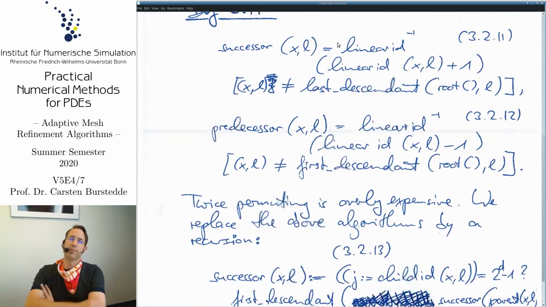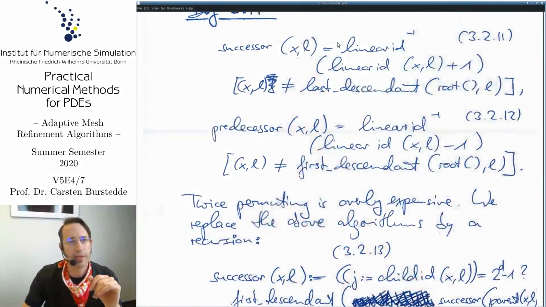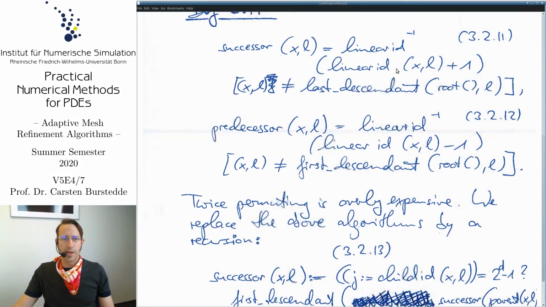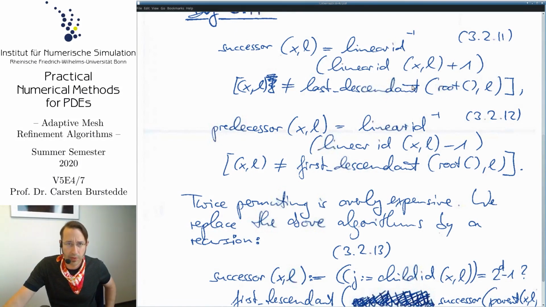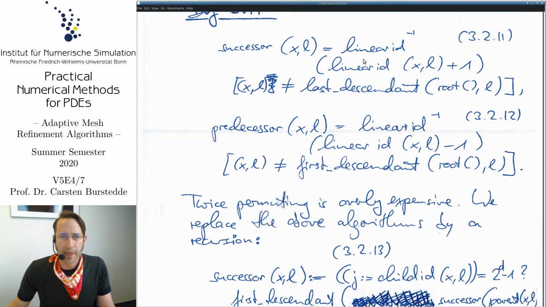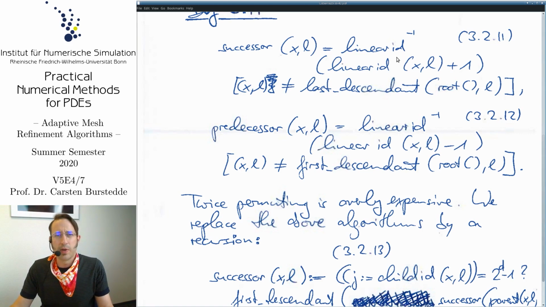New functions. So we understood linear ID. We can define the successor as being the linear ID plus 1, but then of course we don't want the number, we want the x and L pair, so we have to take the inverse function on that linear ID with respect to that level, I must say.